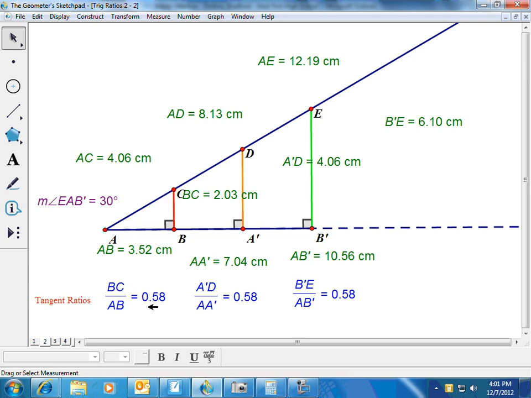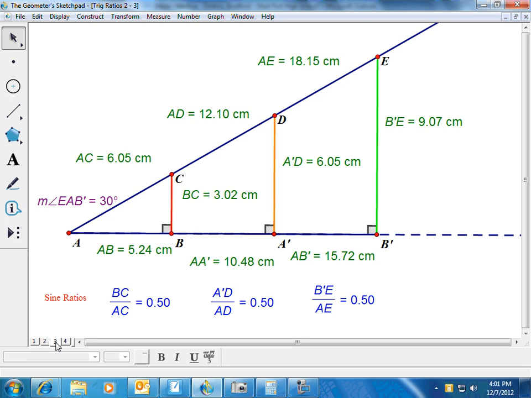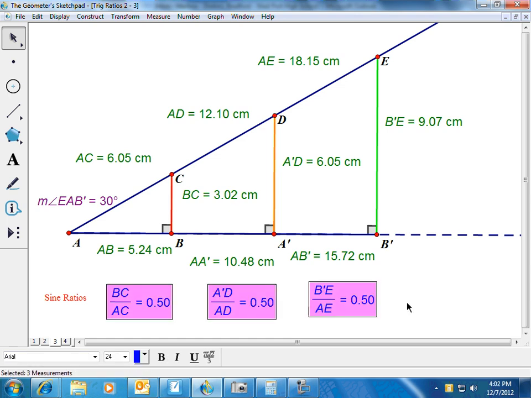So with similar triangles with a given angle, those ratios are going to remain the same, and that allows us to solve for unknown side lengths using these ratios. Same thing with sine and cosine. I've got 30-degree triangles here, and notice the ratios of those triangles are all the same.